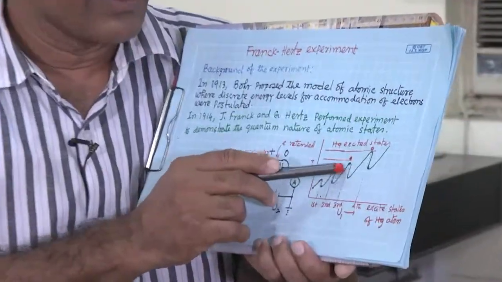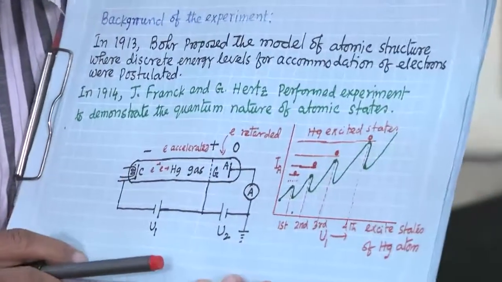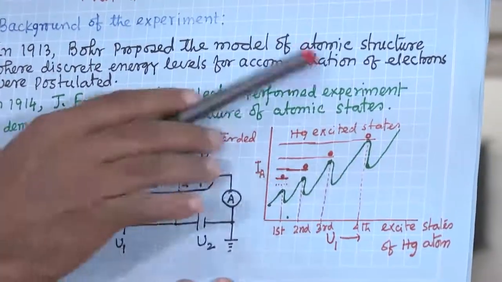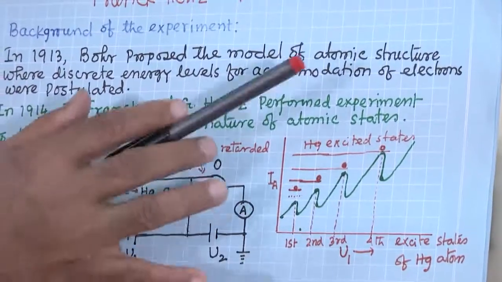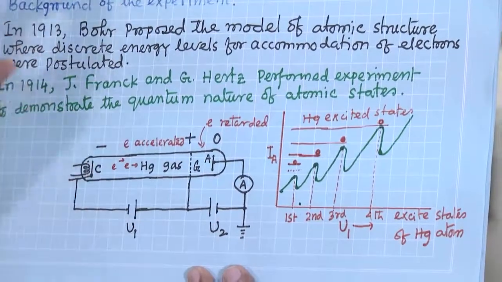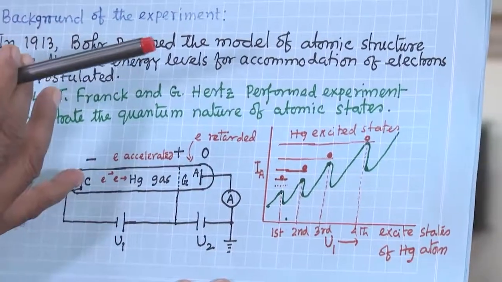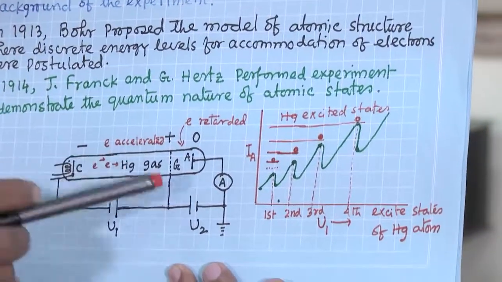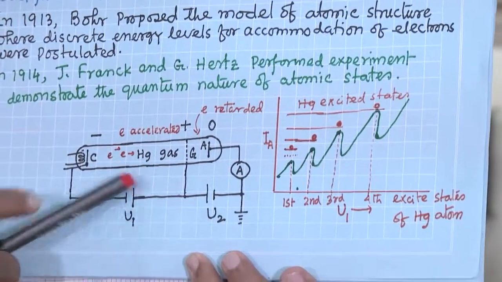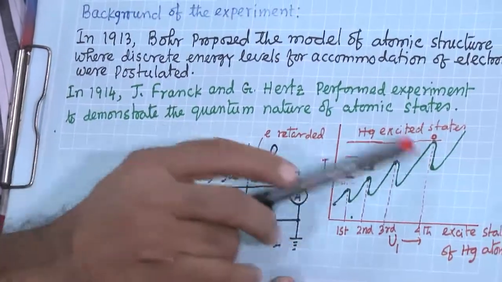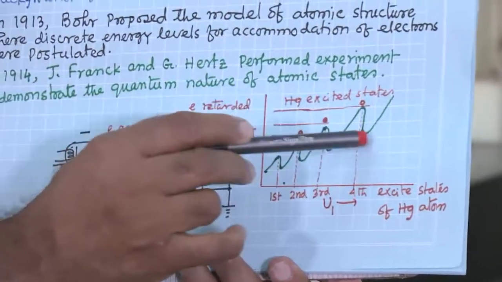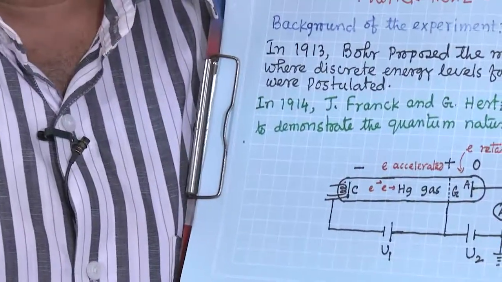This kind of variation of the anode current is expected because of the setup of the experiment, where we have applied the retarding potential U2 and the accelerating potential U1. Exactly the same type of pattern we are getting on the screen.